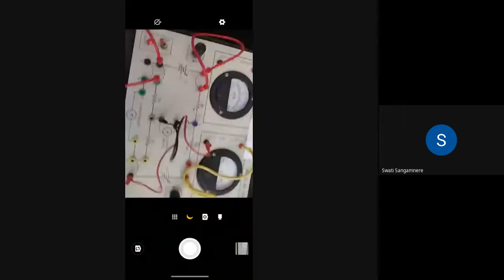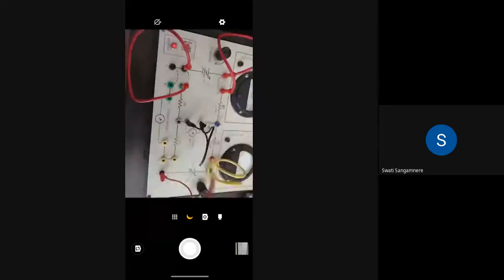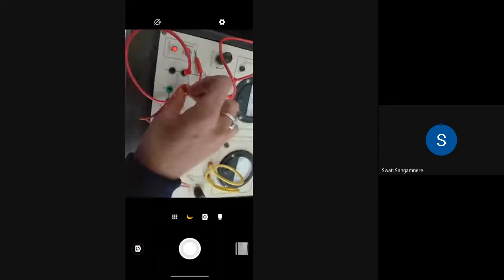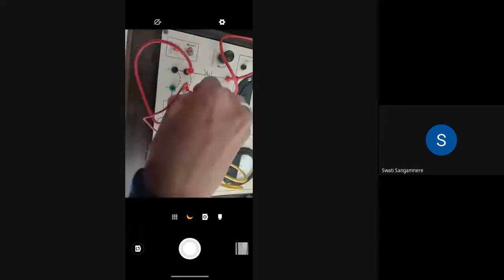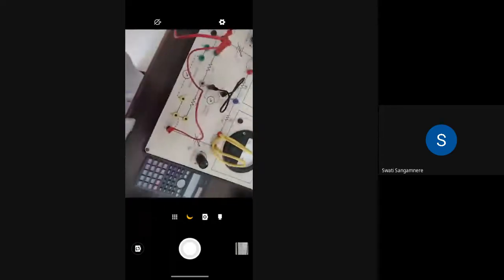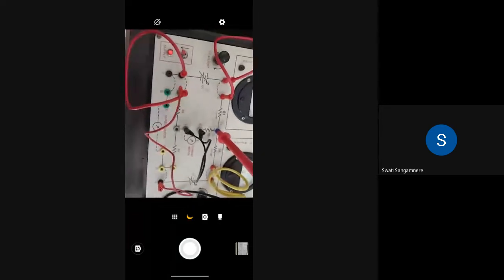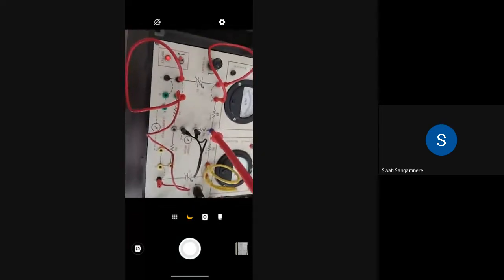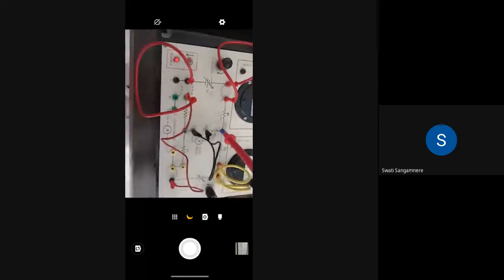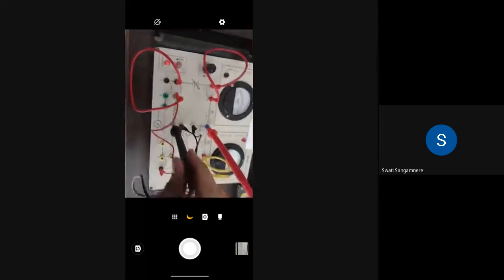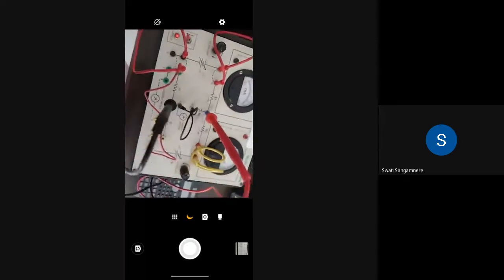Then we can measure the node voltage VB with the help of the multimeter. So we can connect the multimeter across node VB and measure the value of node VB.